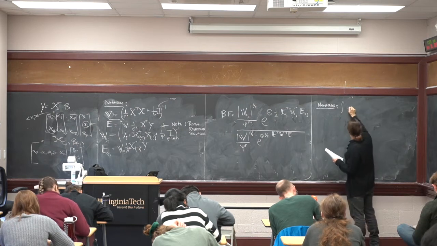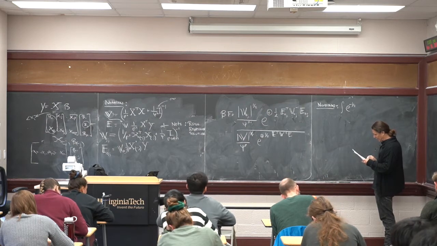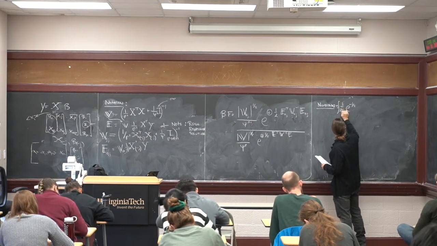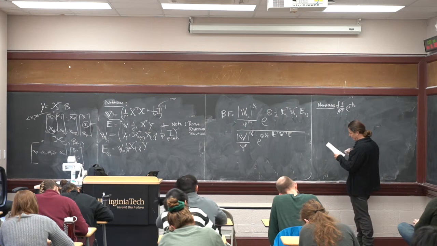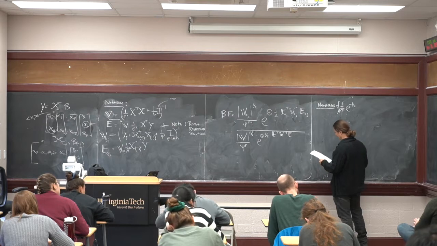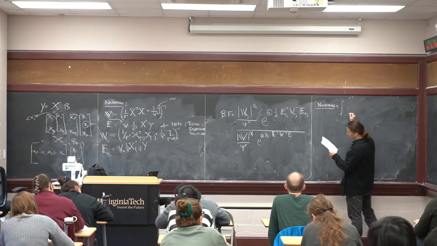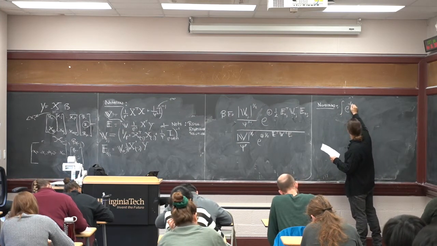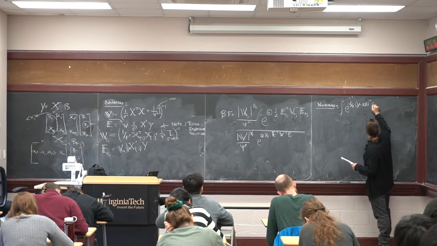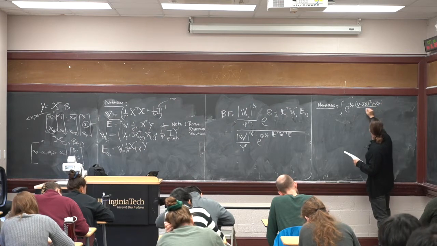Integral e to the minus 1/2 y minus x beta transpose y minus x beta, this is the cap X, cap Y, divided by sigma squared.